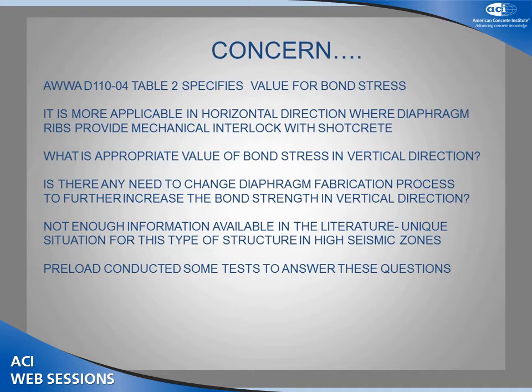The question is, is this value applicable in vertical direction? If it is not, then what is the appropriate value? Do you need to change your diaphragm fabrication process to increase this value? If not, what do you want to do here?